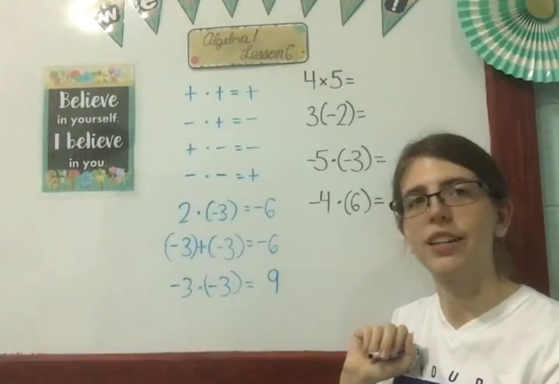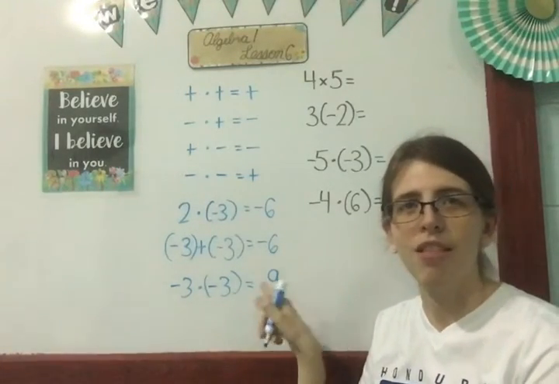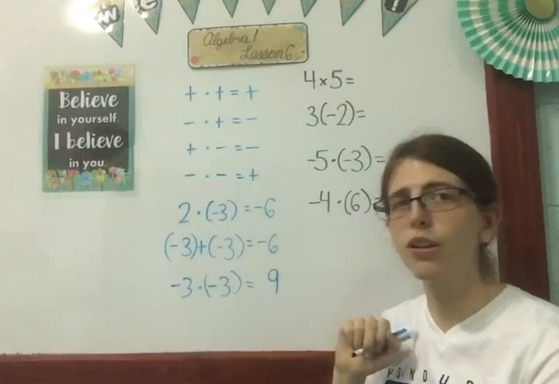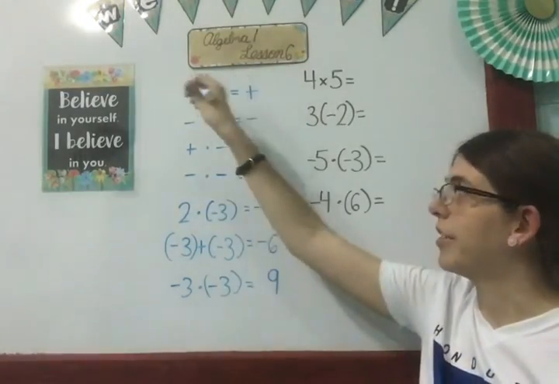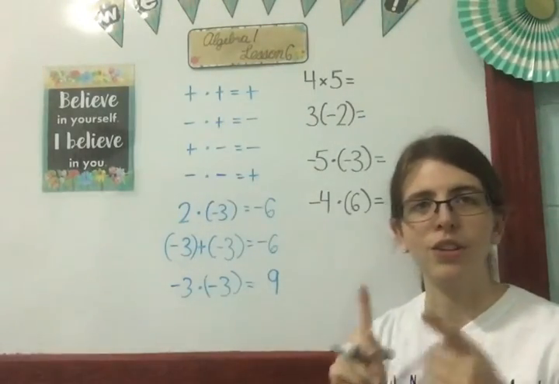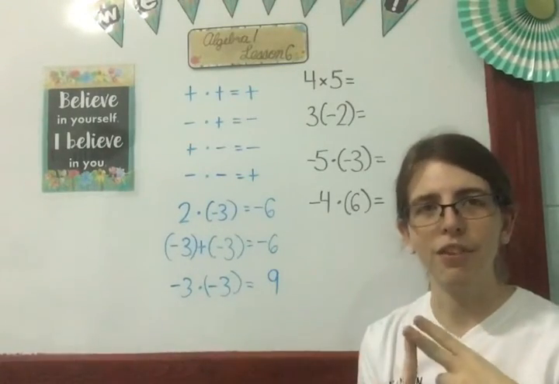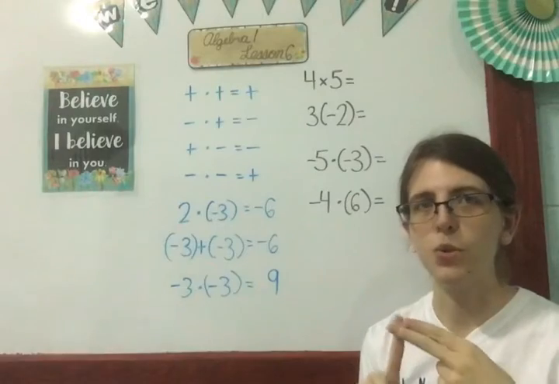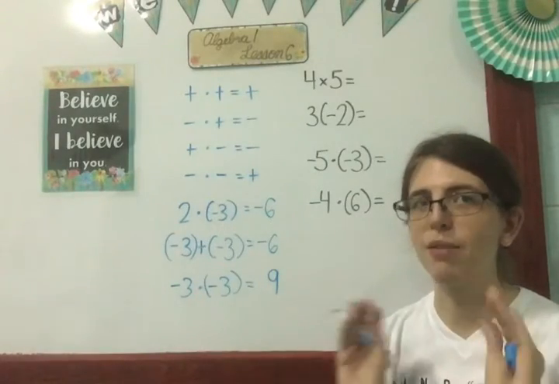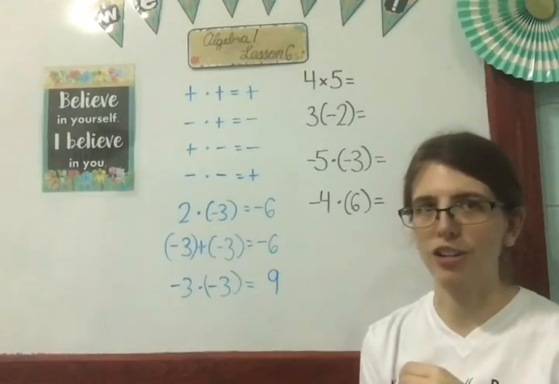So my answer is positive. If you feel like that confused you more, don't worry about it. Just focus on these rules. If your sign is the same, your answer is positive. If your sign is different, your answer is negative when you multiply. Only when you multiply. Remember, it's different for addition and subtraction.